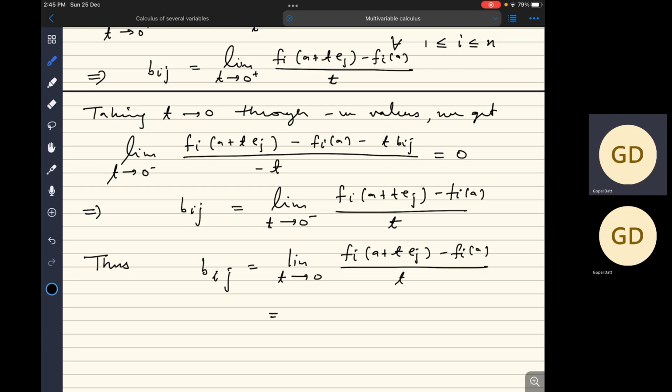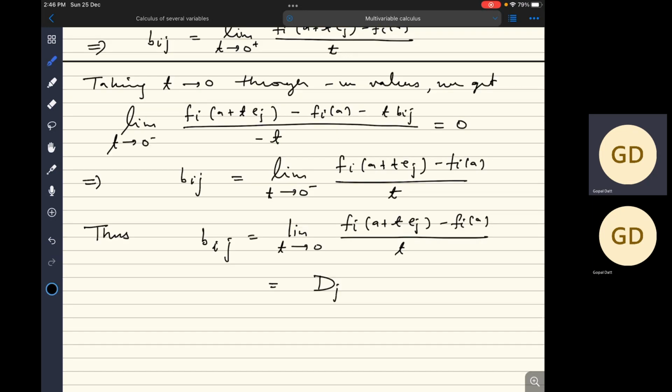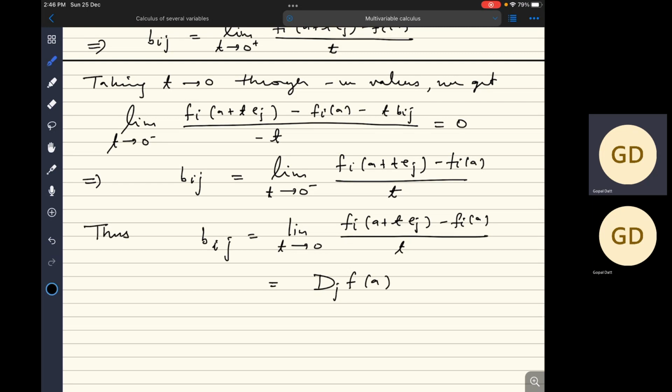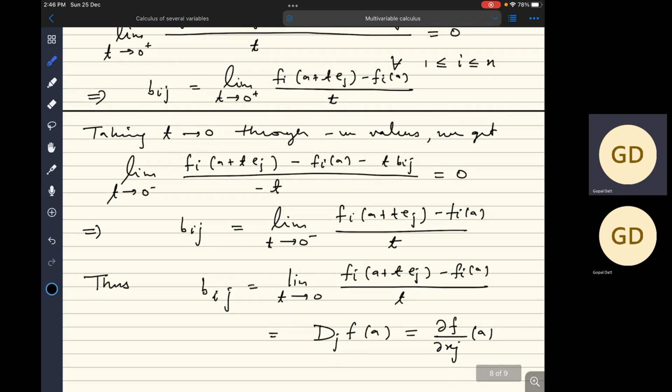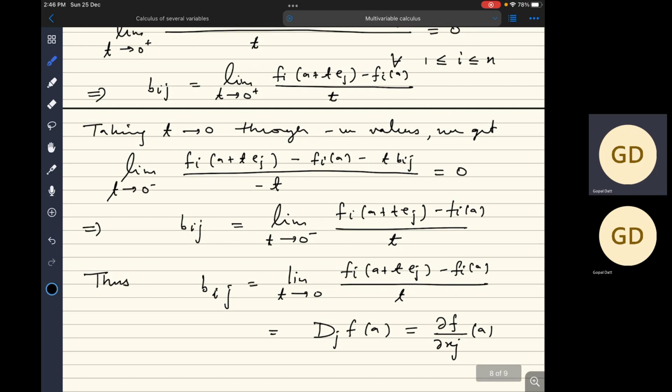What is this? This is the jth partial derivative of f at a. So partial derivative of f with respect to xj at the point a. This is del f by del xj at a. Let me write fi here.